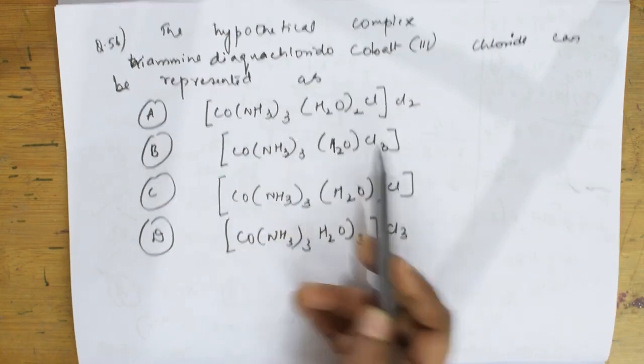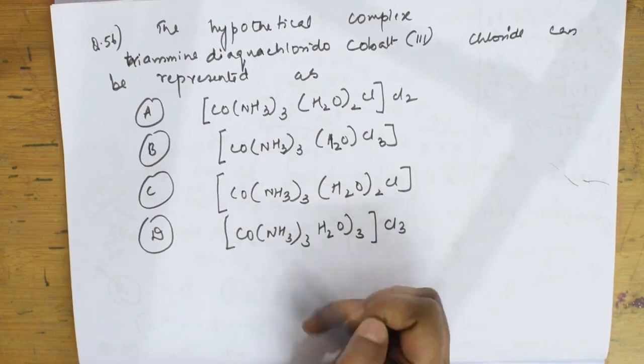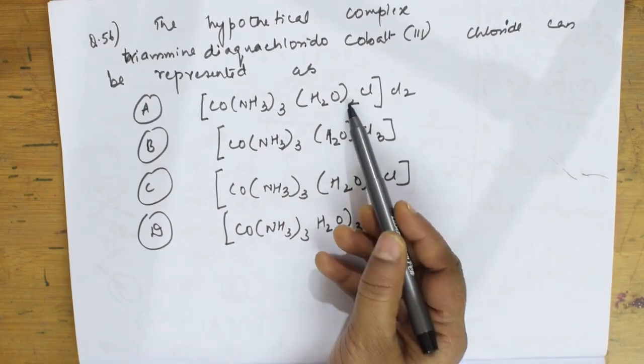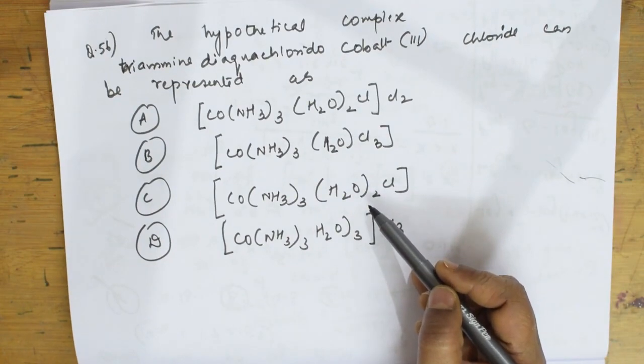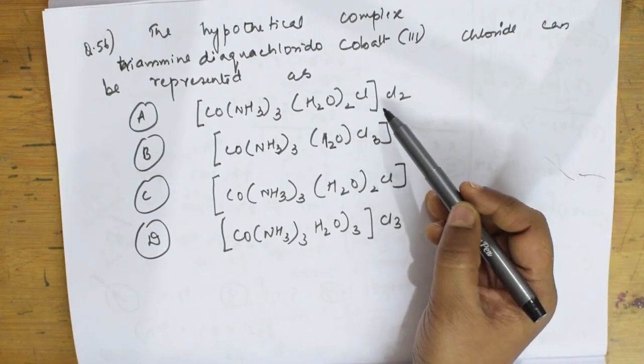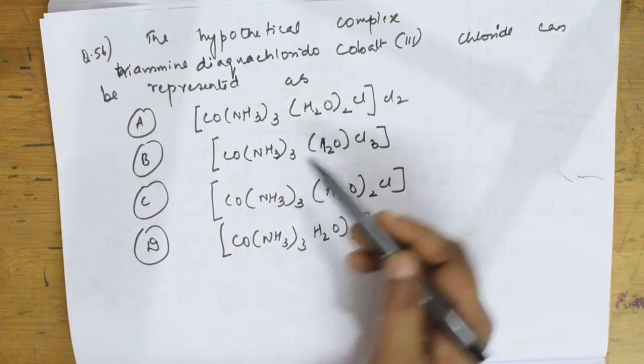Triamine, okay, everywhere this is amine. Then they said diaqua. Here this is diaqua, this is diaqua. Chlorido, okay, chlorido, done. Cobalt 3.